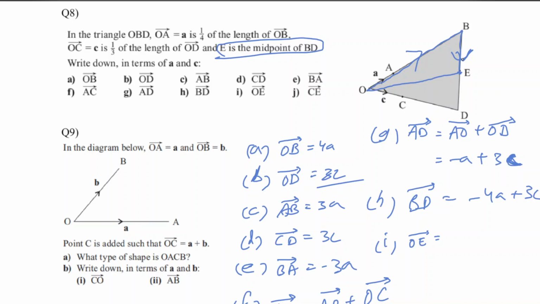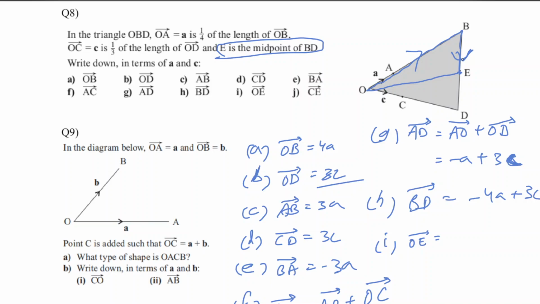BE is just half of BD, and what is the value of BD? BD is this one, correct? So OE is equal to OB plus BE.